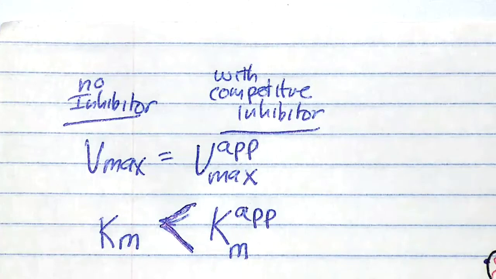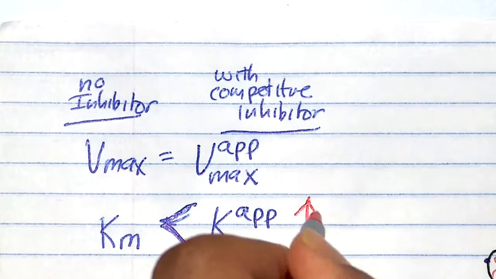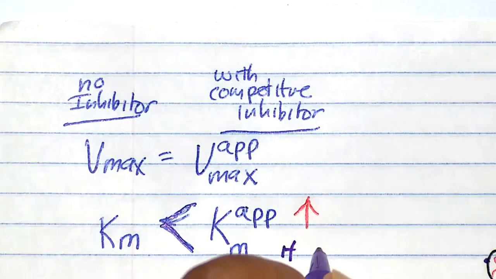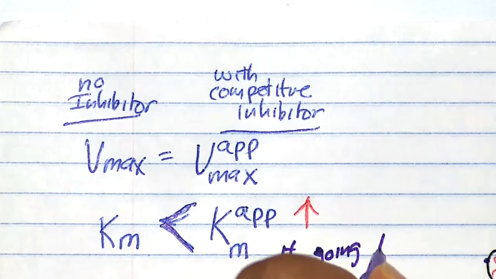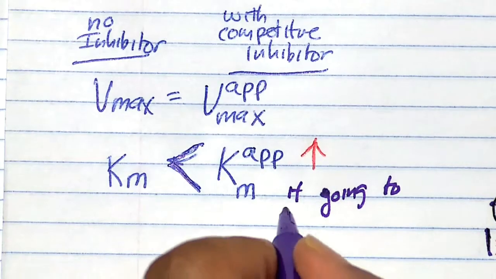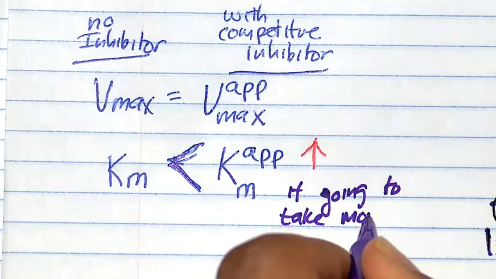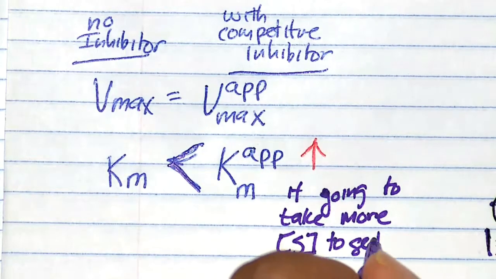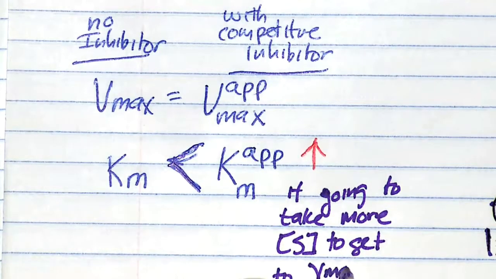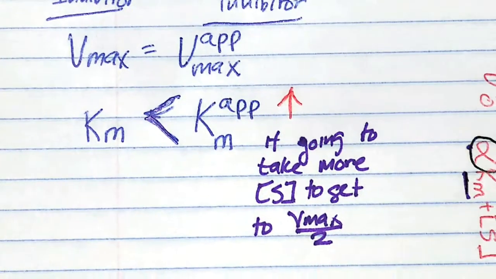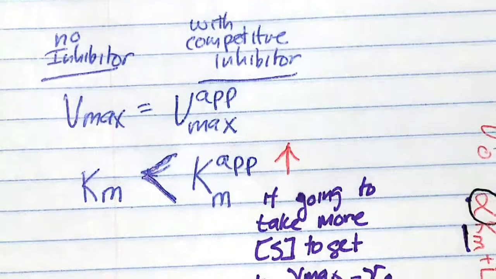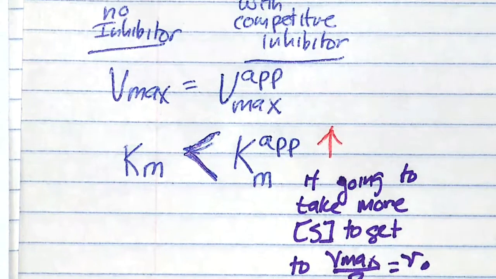So apparent Km goes up, and the explanation is that it's going to take more concentration of substrate to get to Vmax over 2. So you have to add more substrate to get to V equals Vmax over 2.